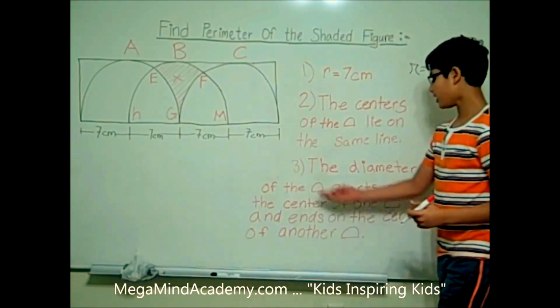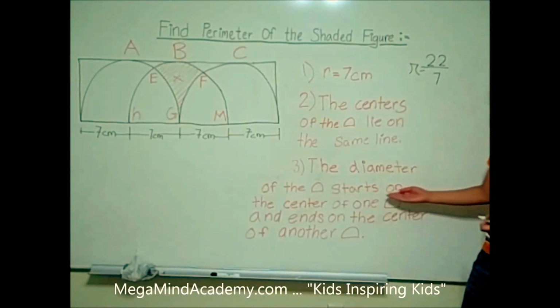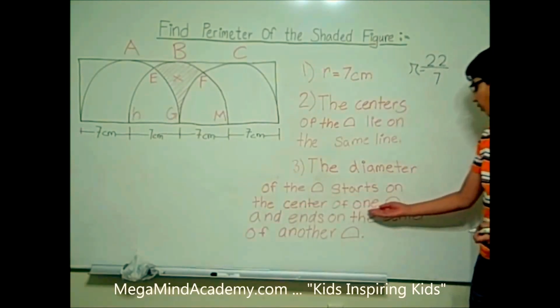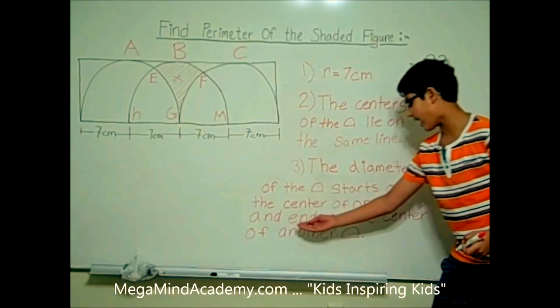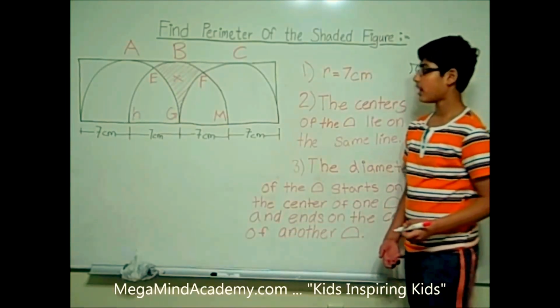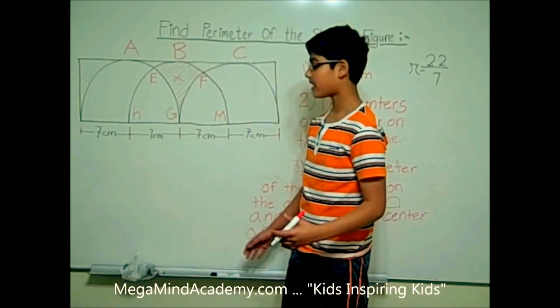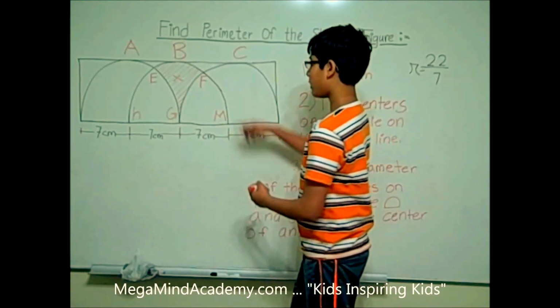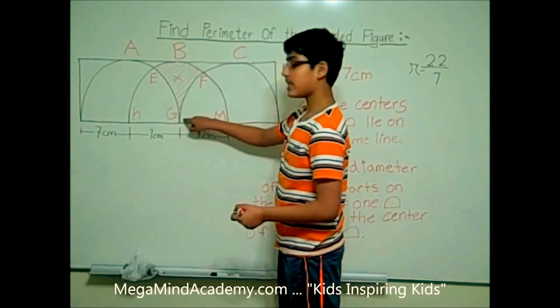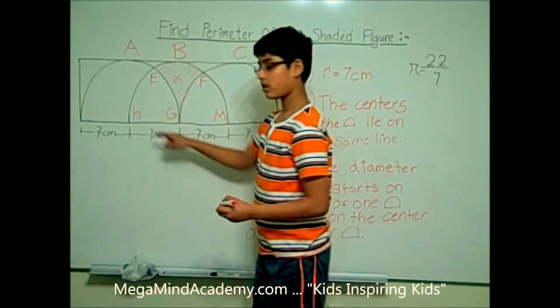Now, because the diameters of the semicircles start on the center of one semicircle and end on the center of another semicircle, by the way they intersect, then that means that arc FG is equal to arc EH.